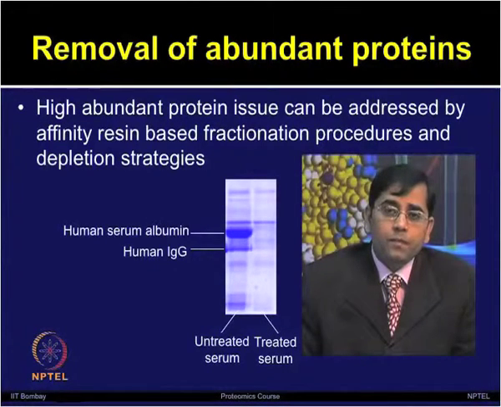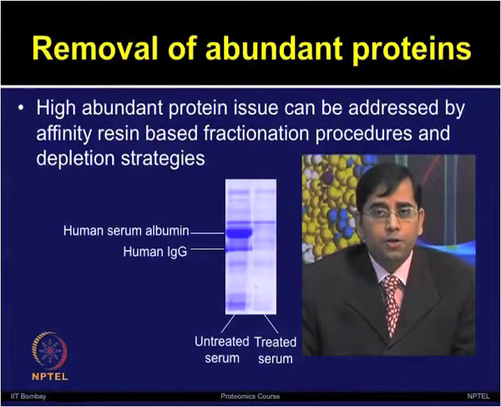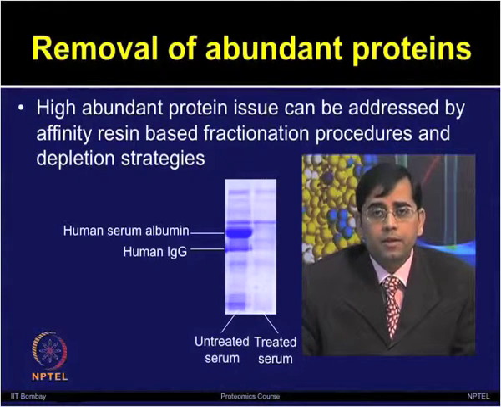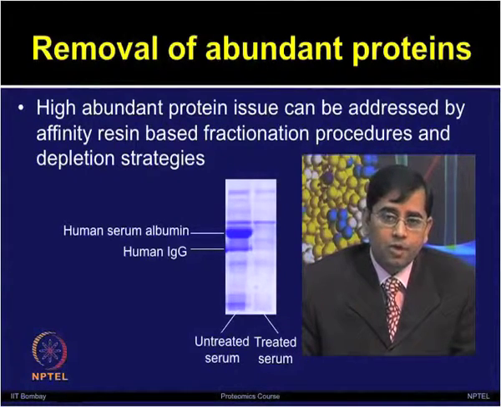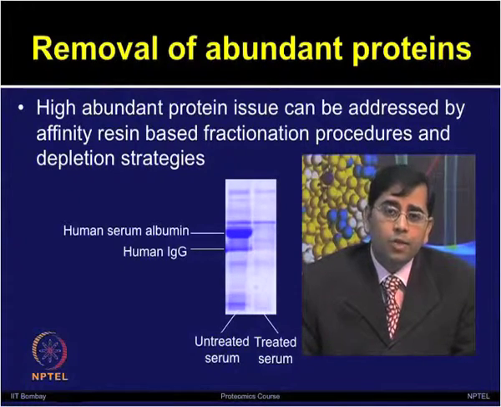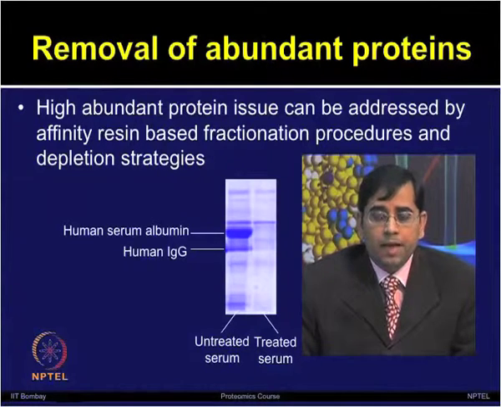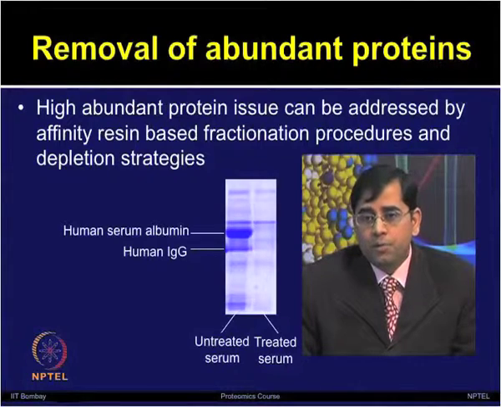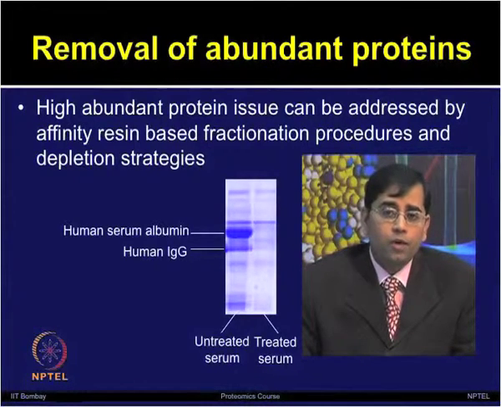By applying the affinity resin based fractionation method and different depletion strategies, one can get rid of the high abundant proteins, as shown in this image of an SDS-PAGE gel. The left lane is loaded with the untreated serum and the right lane with the treated serum. As you can see, some of the very high abundant proteins such as albumin and IgG are efficiently removed, which allowed some low abundant proteins to appear on the gel.